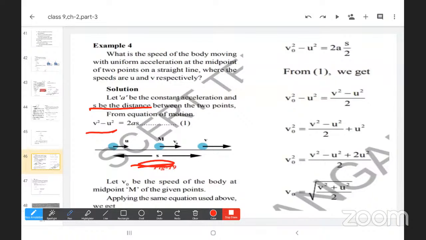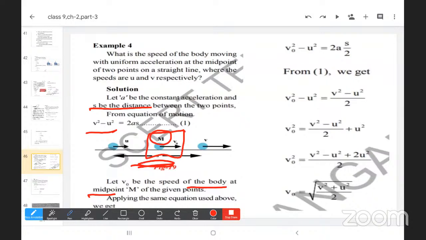So here, v naught be the speed of the body at midpoint M. Here you can observe one midpoint between initial velocity and final velocity. So this midpoint is shown with the capital M here. Right?